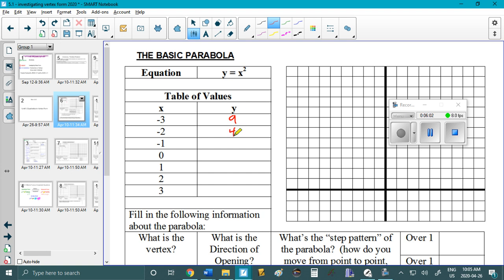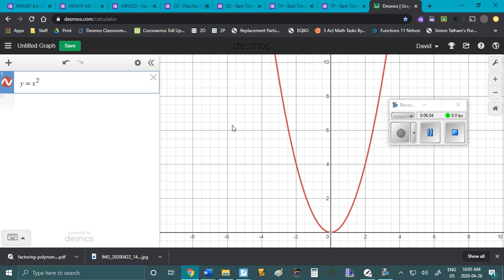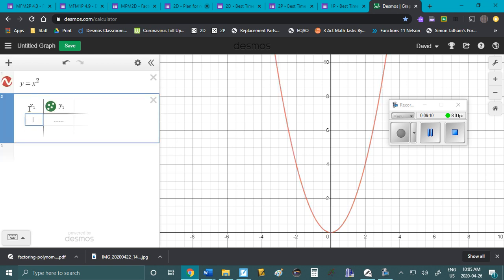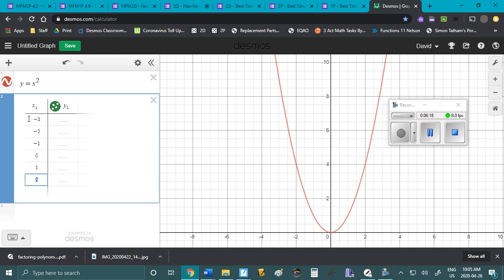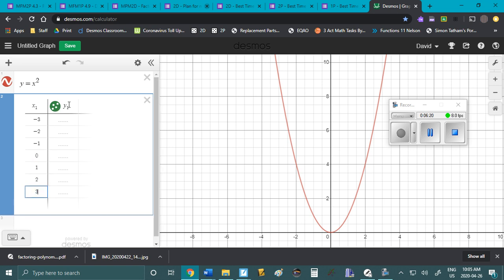There is a quicker way, and I don't know exactly how to do it, so I'm going to kind of figure it out in real time here. I'm going to add a table, and I'm going to put in the x values as -3, -2, -1, 0, 1, 2, 3. And then for this, instead of this, I'm going to type, well, let's see here.